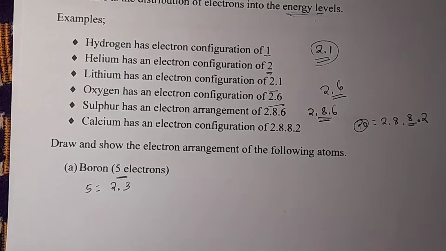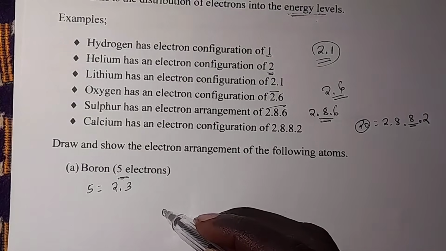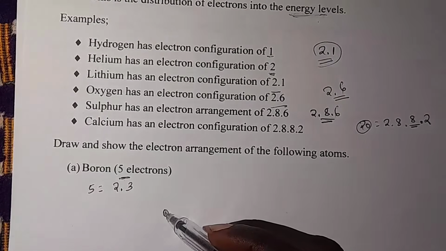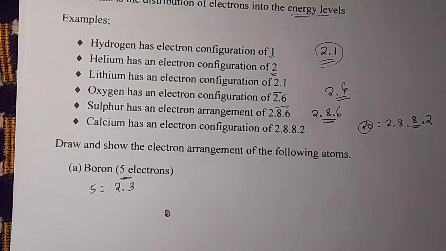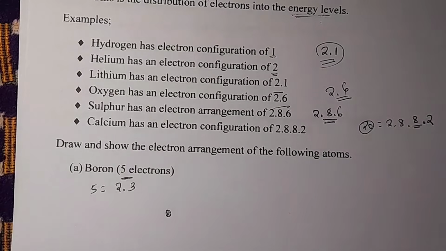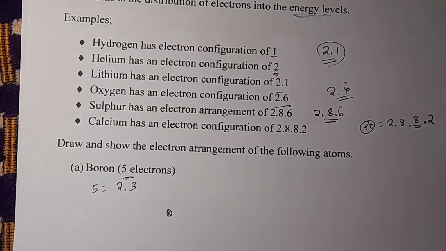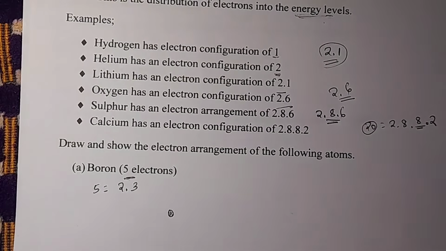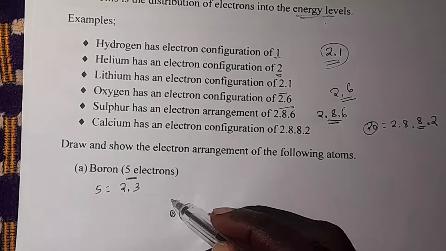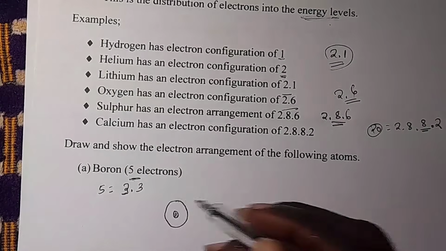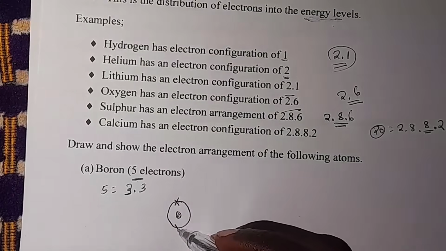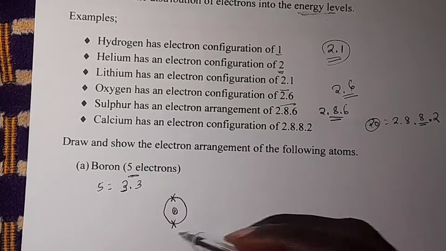So for me to draw, I'm supposed to draw the nucleus. What you can do is shade the nucleus. Or if you don't shade the nucleus, you can write the chemical symbol for boron. Or you can write the number of protons and the number of neutrons in that atom of boron. After that, we go to the first energy level. Remember, we said the first energy level carries a maximum of 2. You can put the 2 using crosses, or you can use dots.